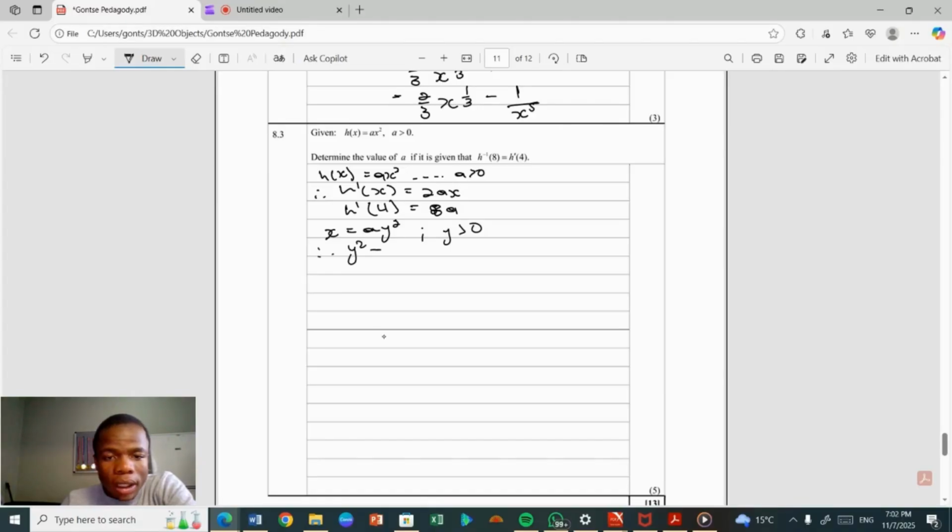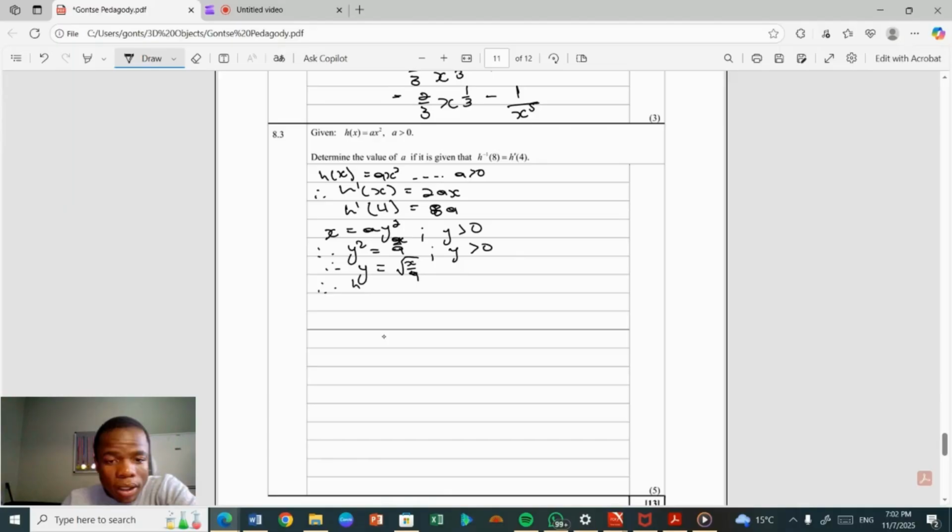Then therefore, y squared is equal to x over a, right? Then y is greater than 0, right? Then from here, you say therefore, we need to make y subject of the formula. So y is equal to square root of x over a, right?